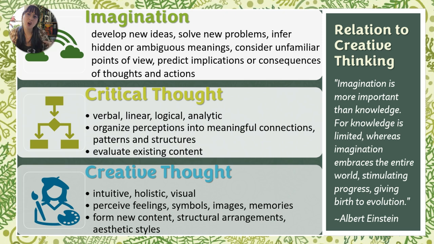We can use our imaginative thinking to infer hidden meaning or ambiguous meaning. So we have the surface level, and then we can infer what's really going on here. What might be the possible assumptions? What might be the possible bias here? What's motivating this idea?